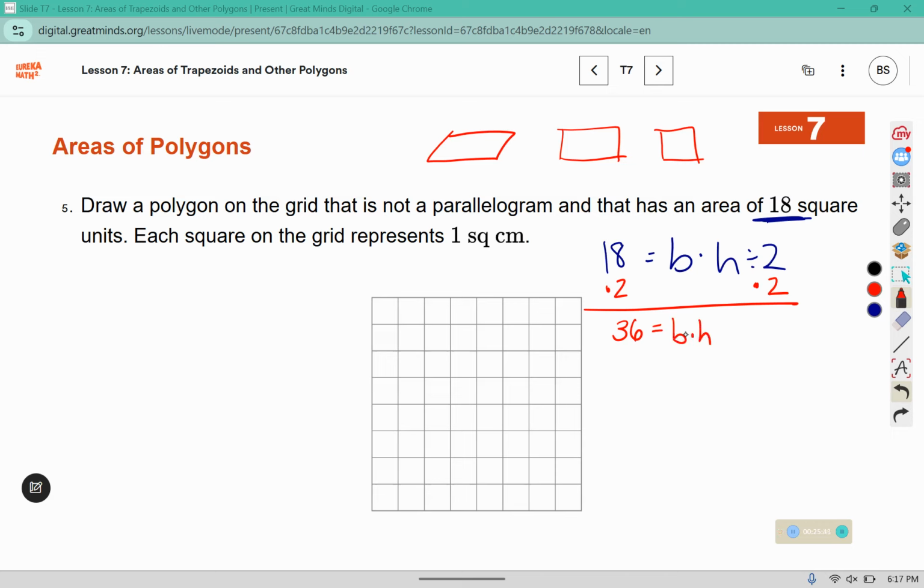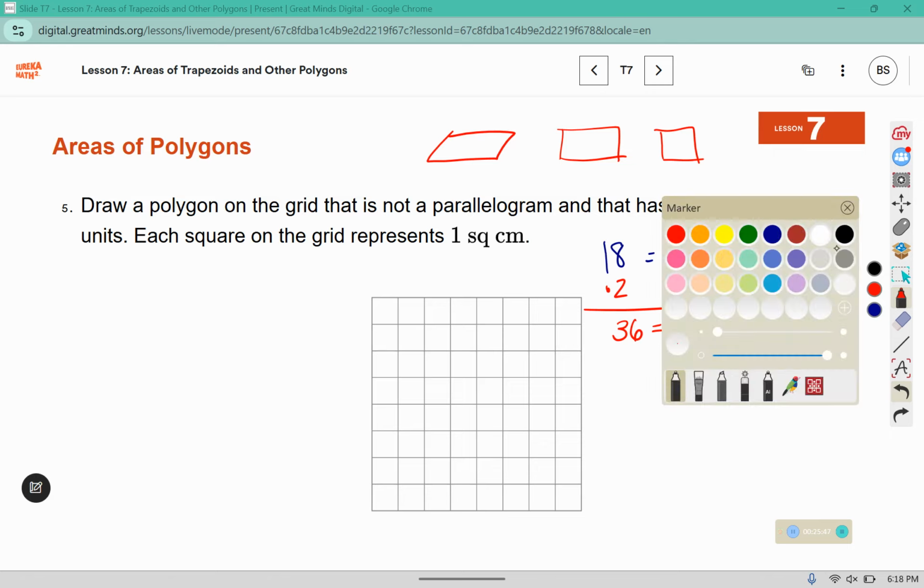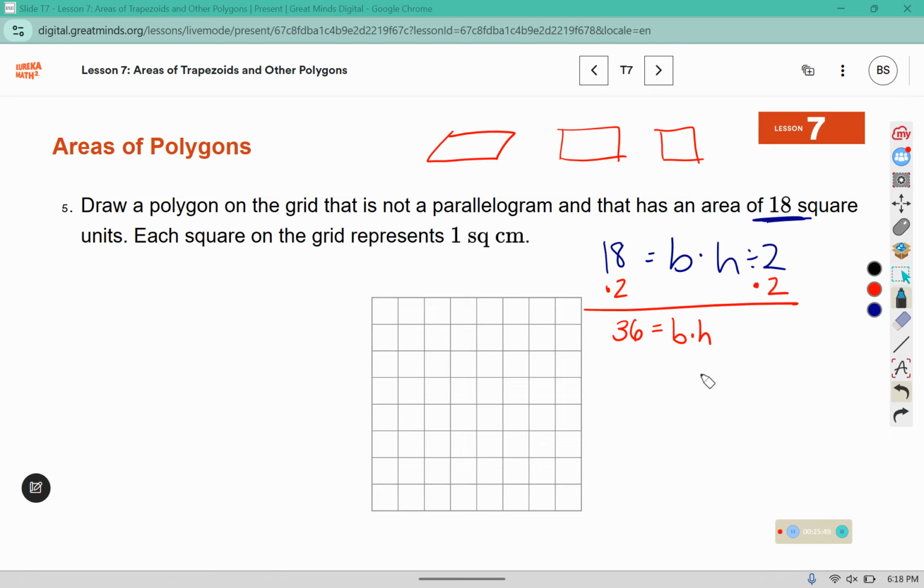So I need two numbers that multiply together and make 36. Well, 6 times 6 makes 36. So I could have a 6 across and 6 tall right triangle. Base times height, 6 times 6, 36, divided by 2 is 18.